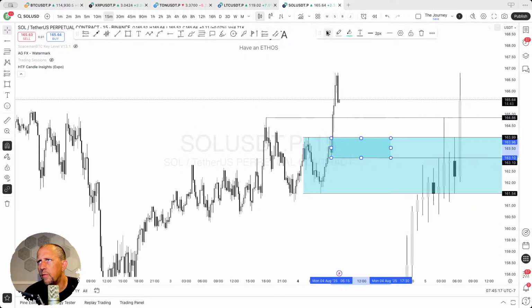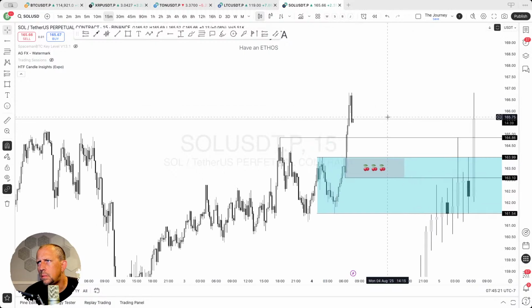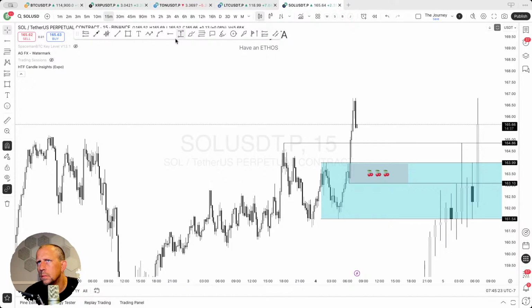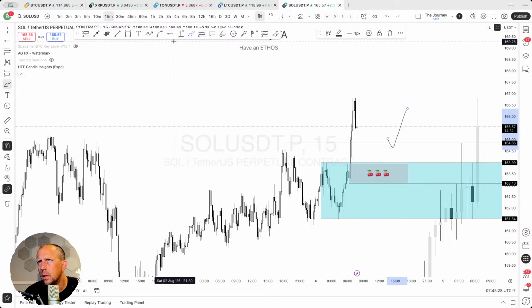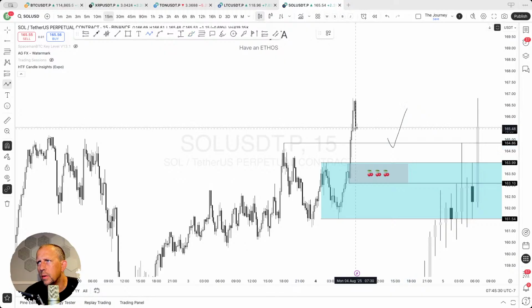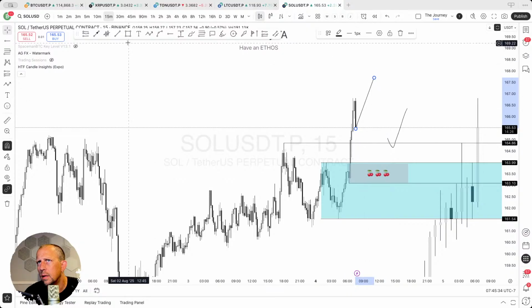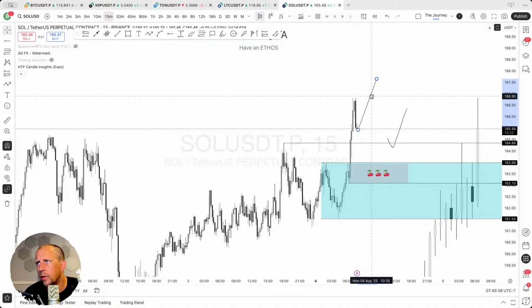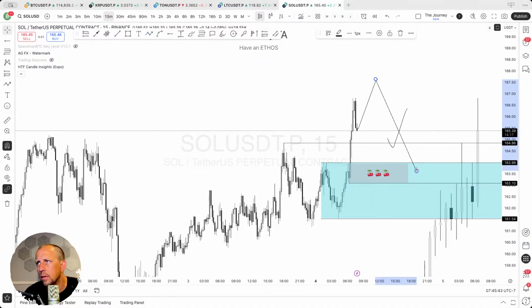This is where I prefer. I still think that one's interesting. And in the event that price were to come from here and come up to here, then I think that changes things a bit. You have to follow the trend at that point. I don't think it comes back to here at that point.